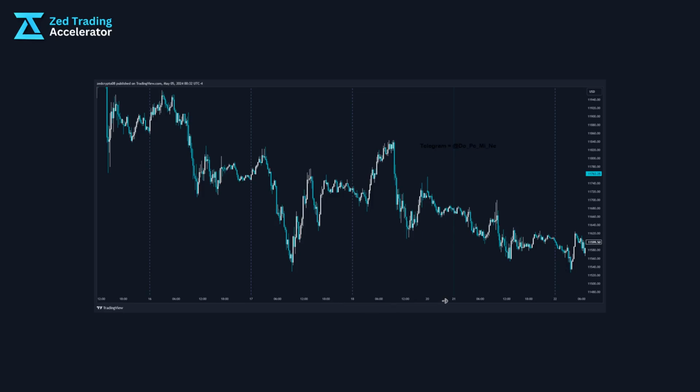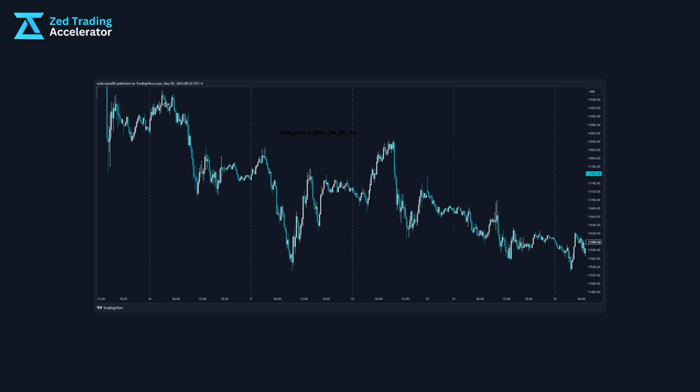Every single open of the day starts at the 12 a.m. midnight open. So right here, we have 16. This is the 12 a.m. midnight open for the day. We opened right here, and then the price started going higher.